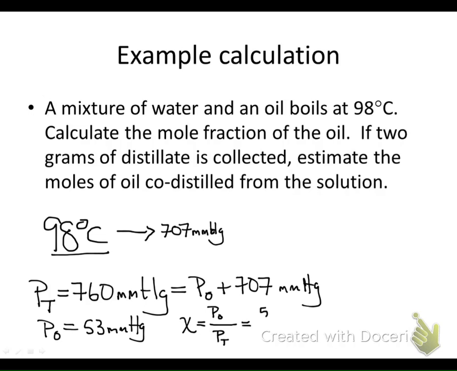So 53 millimeters of mercury divided by 760 millimeters of mercury gives me my mole fraction of the oil, about 0.0697.